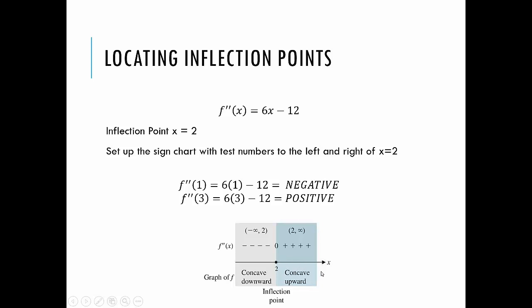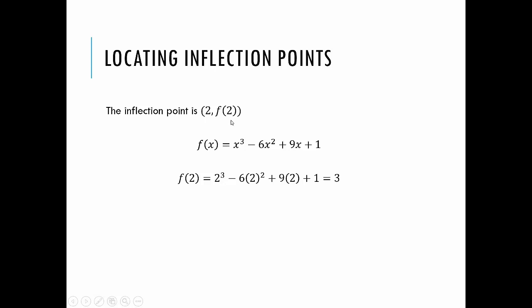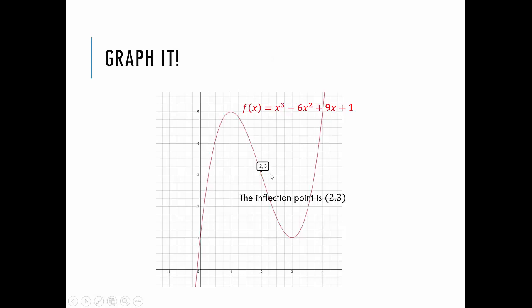Now an inflection point is an xy value, so I want to find the y value. I go back to my original equation and plug in my inflection point 2, and that gives me my xy value. I can graph my original function and plot that inflection point, and I can see it's concave down, then changes concavity right there, and then becomes concave up.